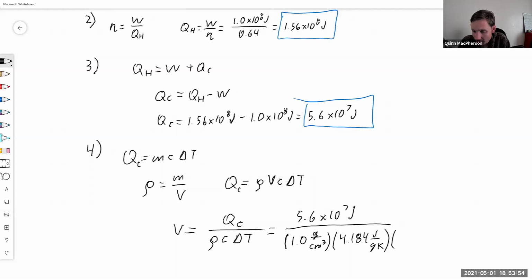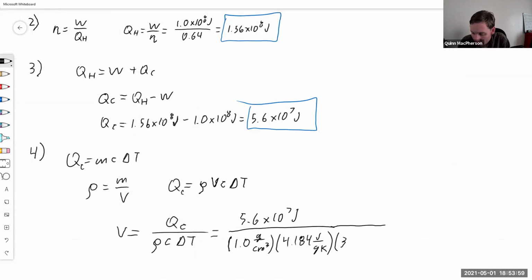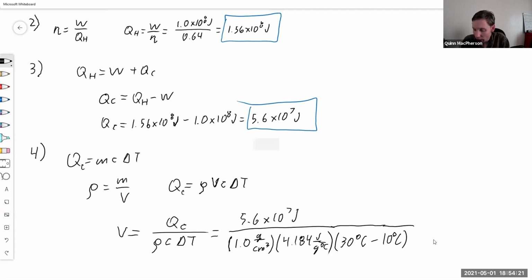And our change in temperature is 30 degrees C minus 10 degrees C. Because that's a difference in temperature, it can cancel out with the Kelvin there. Alternatively, we can just write that as degrees C.